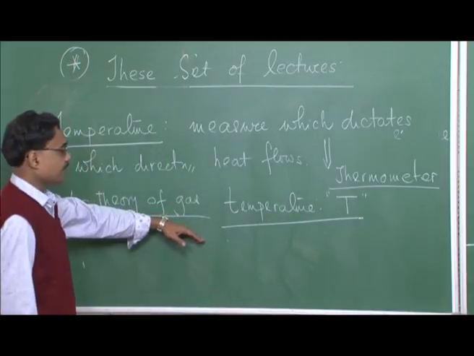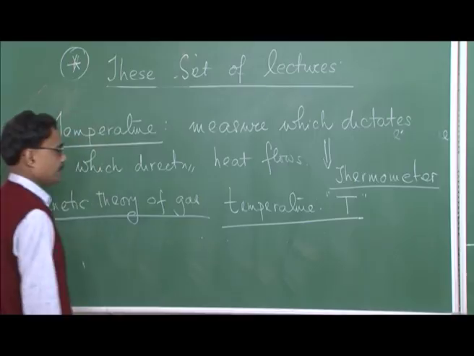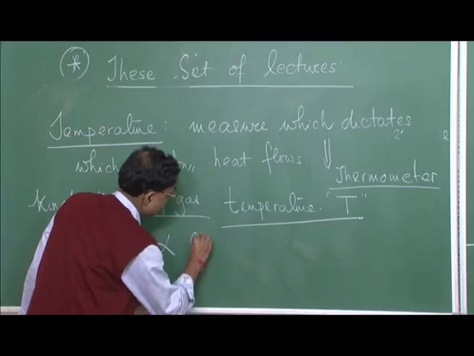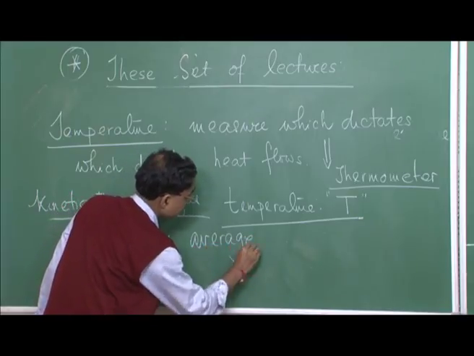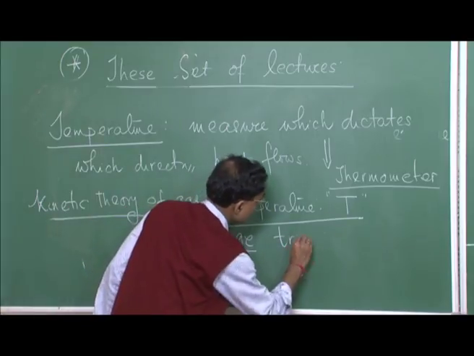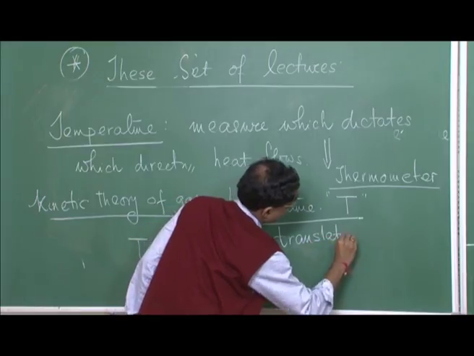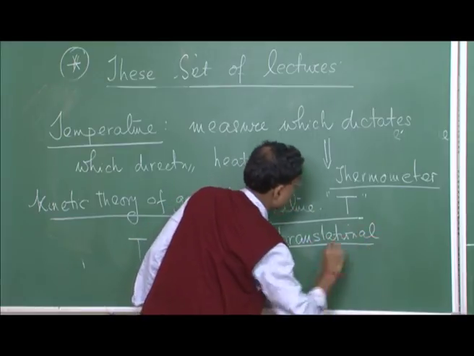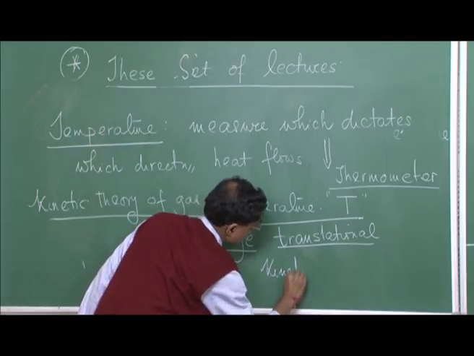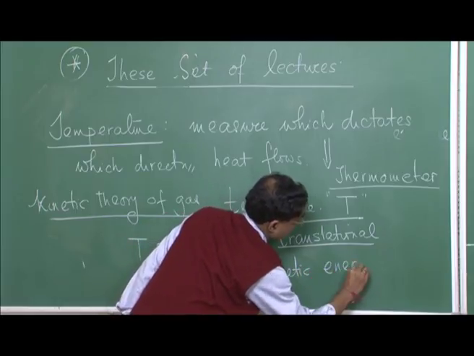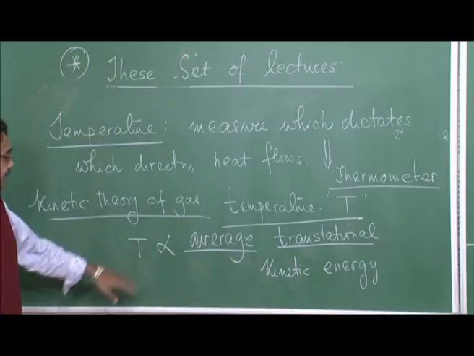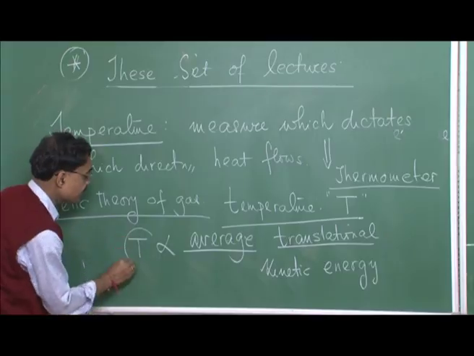So, in kinetic theory of gas, there is a definition of temperature which says that T is proportional to the average. This word average is very, very important. Average translational kinetic energy, that is also very, very important, and I will be talking about ideal gases mostly. So, it will be proportional to the kinetic energy of the molecules.